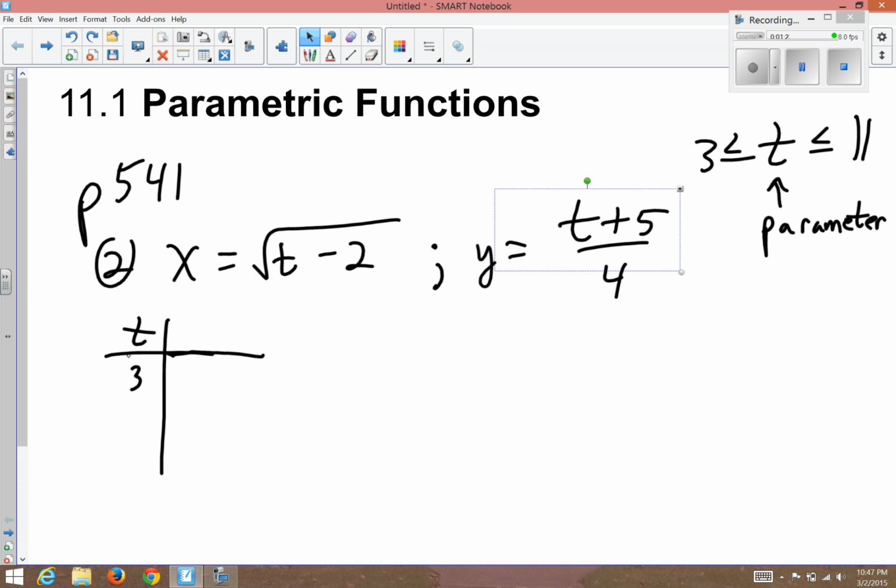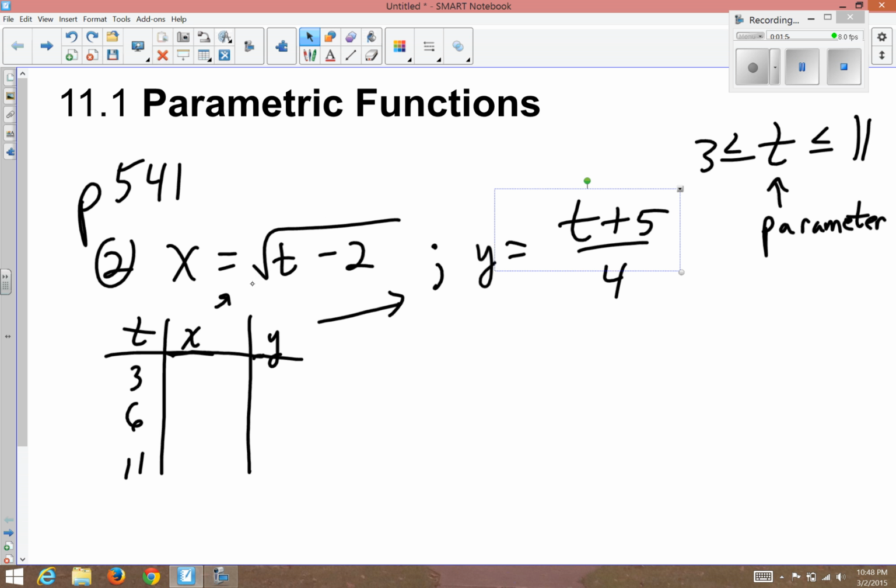When we plug numbers in for t, we can figure out x using this, and we can calculate y using that. So 3 to 11. We could list 3, 4, 5, 6, 7 all the way to 11, but we're going to just use 3, 6, and 11 because these are t values that will make the inside of the radical a perfect square.